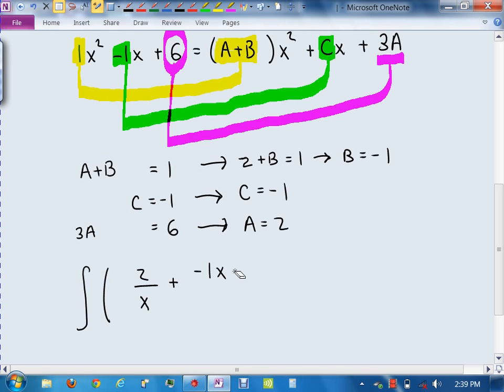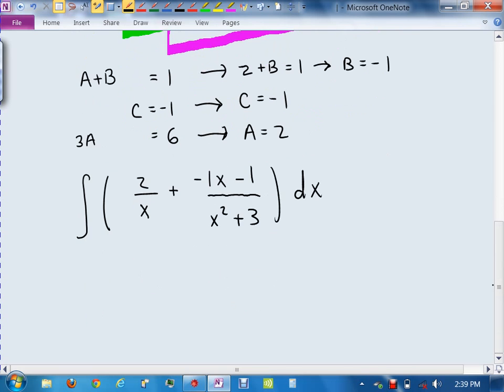I'll just put -1. Over x squared plus 3, dx. Damn it, we're going to go a little over. I won't try and go very long, but I'm just going to change that into a minus.